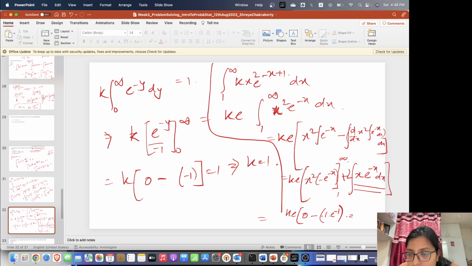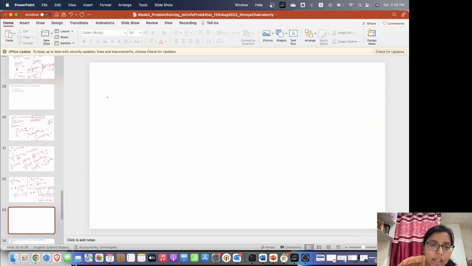So here also we will land up at k only. This will be k, plus we will have something. That too 1, 2. So here also we will have k plus, again 1 to infinity 2x e to the power minus x dx.